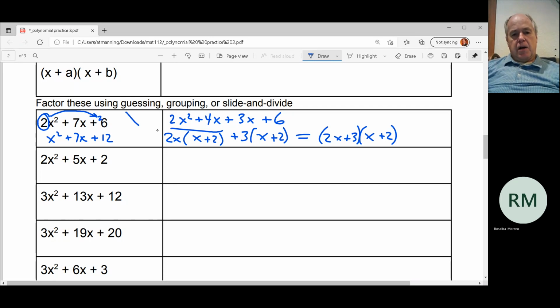Now we have that standard problem. 2 numbers multiplied give us 12, added give us 7. Well, I can jump right away and see, oh yeah, 3 times 4 gives me 12.